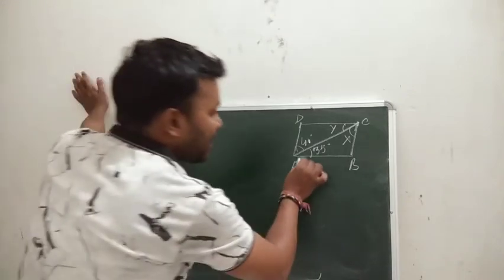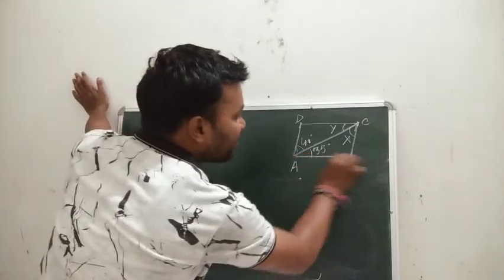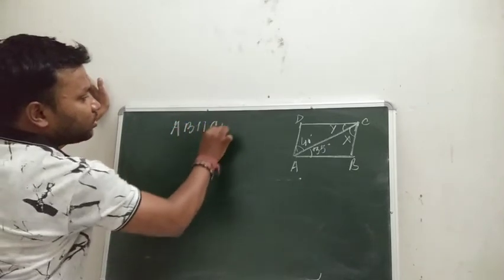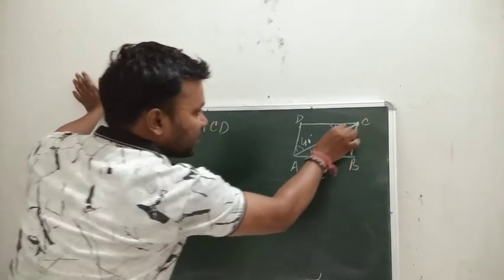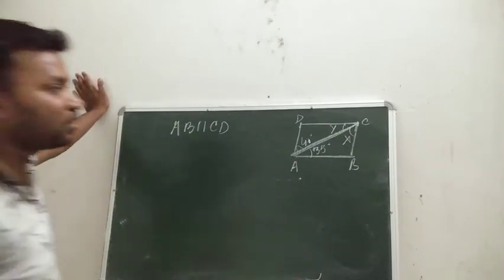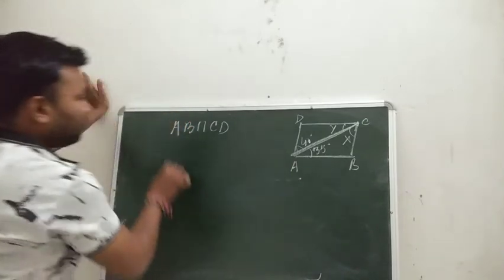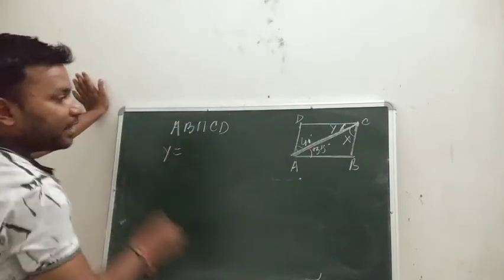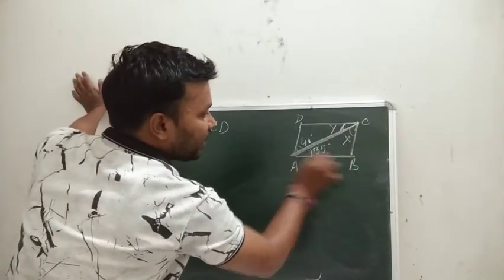So as we can say in this question, AB is parallel to CD, and we can assume this diagonal AC as a transversal. Then this angle y will be equal to this angle CAB.